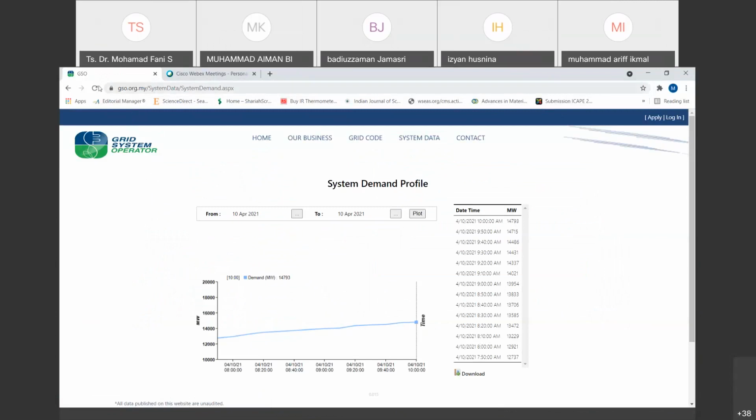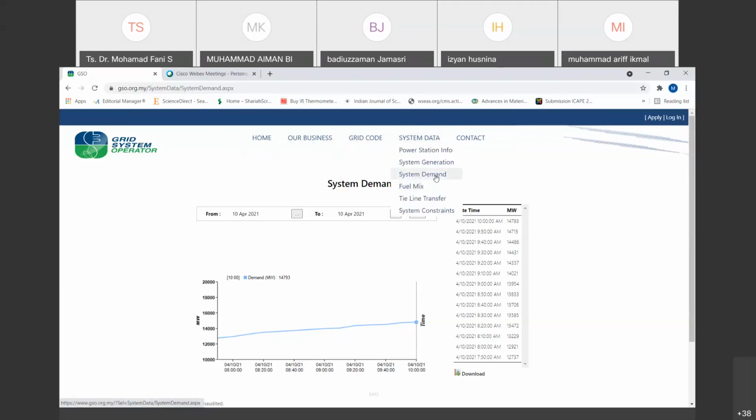The GSO started in the ESI reform under the Malaysia Electricity Supply Industry. During the regulated period, this GSO has been set up so that we can see all the data from the power station information, system generation, system demand, fuel mix, etc. Grid code here, okay, that's all about the GSO information here. You can see the code of conduct for the system grid.